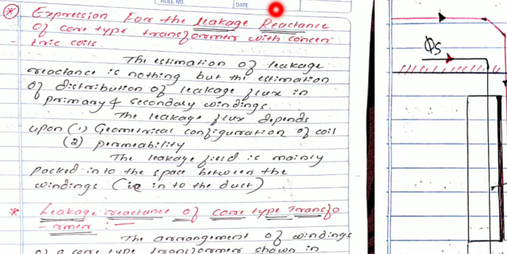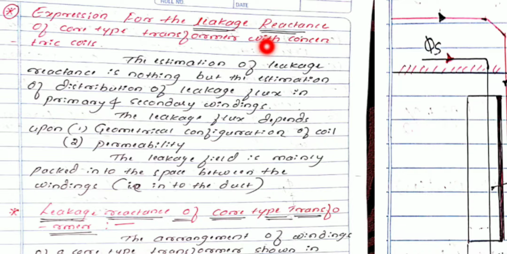So first we should be clear about what leakage reactance is. Reactance is either inductive, XL, or capacitive, represented by XC. But the basic construction of a transformer consists of a primary winding and a secondary winding, which are nothing but coils.